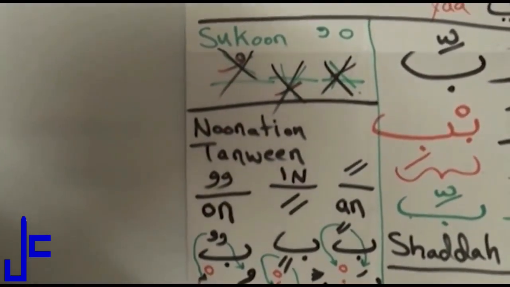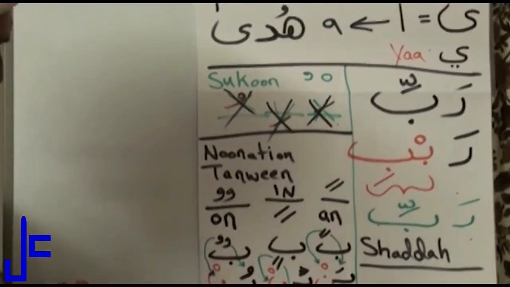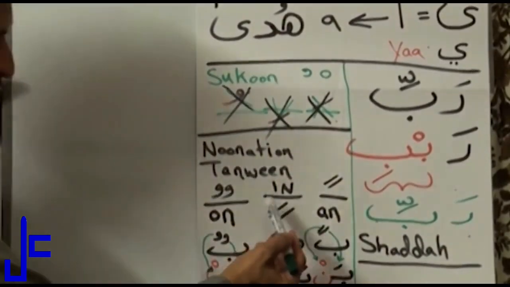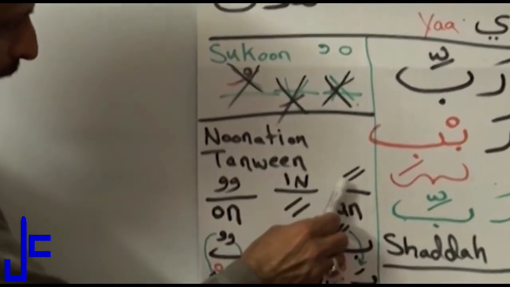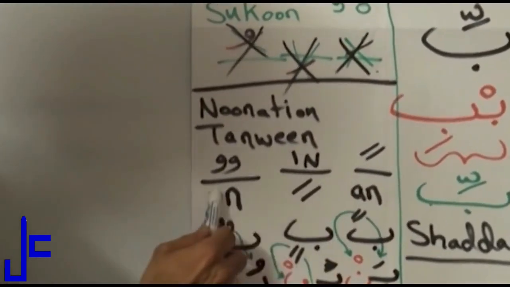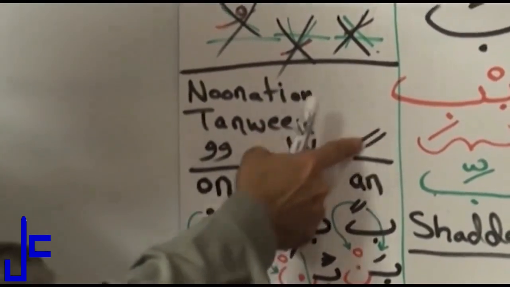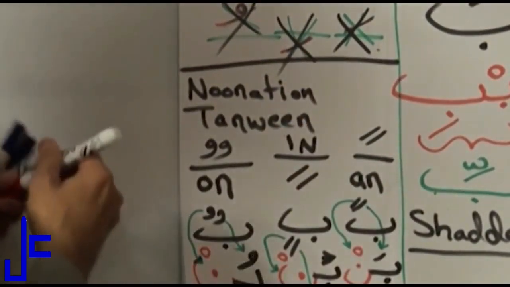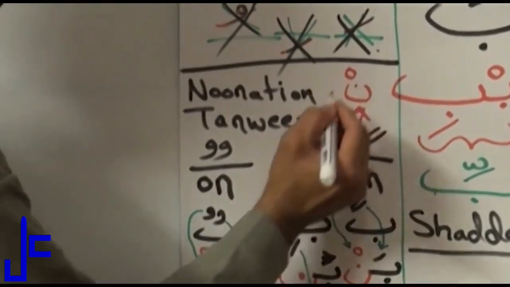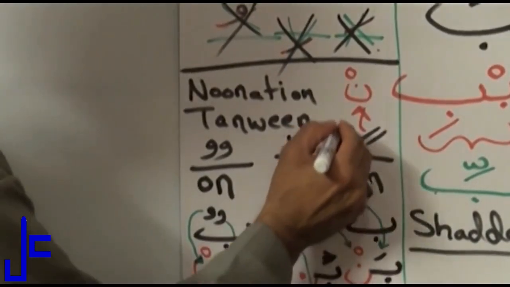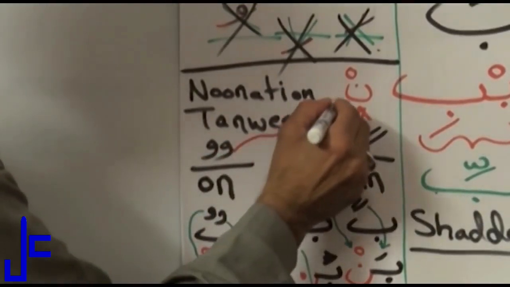If you can have a close-up look, you will see this is ban: an, in, un. One sign is a, another sign is silent noon. So this is silent noon, and this is silent noon, and this is silent noon.